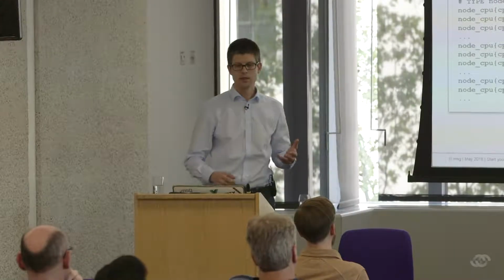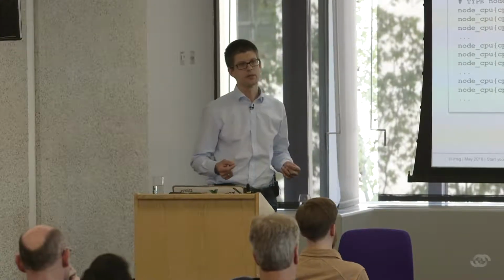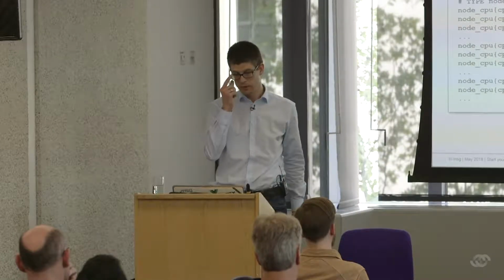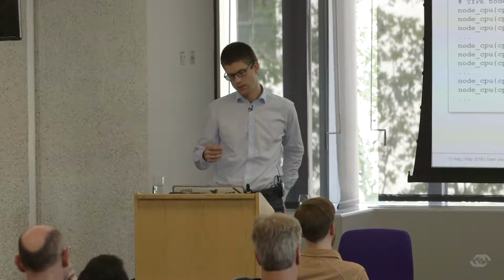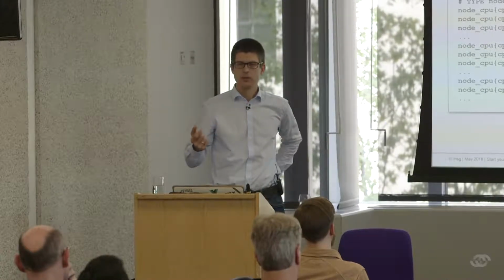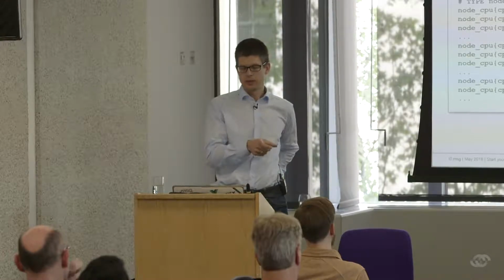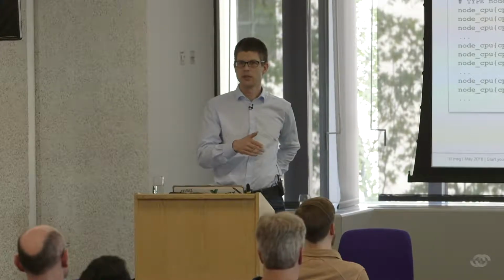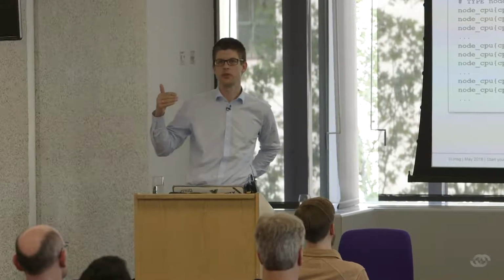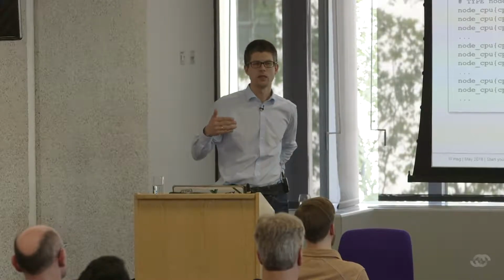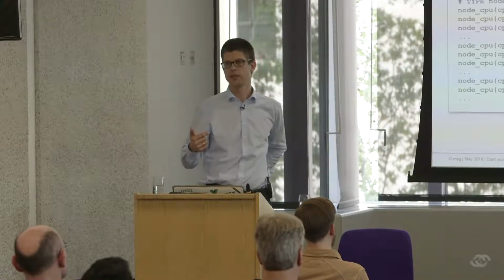Let's, as an example, start with this node CPU seconds. So that's a counter, and the counter makes it very easy to reason about it, because this counter is set to 0 when this exporter is started, and it's counting up. It's just the number of used CPU seconds, and then Prometheus can pull this information to its database.